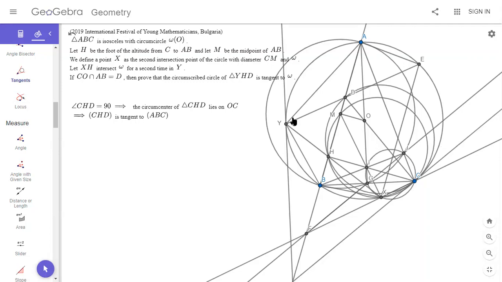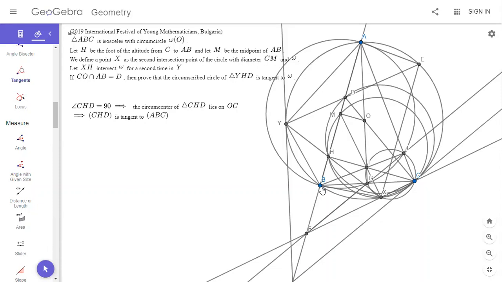So then that would show that this angle, let's see. Do you know what you would do after that?